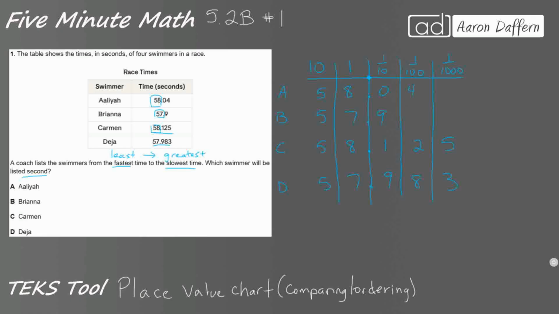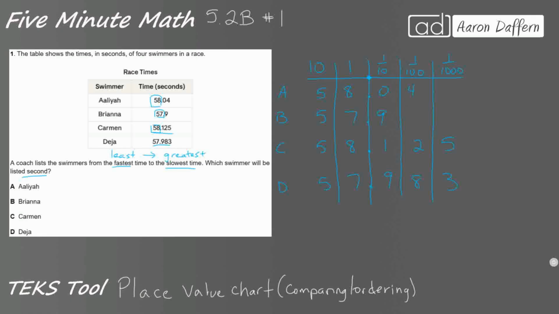So the first thing we want to do is fill in the blanks. When you're dealing with decimals, it becomes extremely confusing if you've got, like, look at B, Brianna, and A, Aaliyah. They don't go to the thousandths place. Let's take Brianna for example. 9 seems a whole lot less than Carmen's 125, because 9 is less than 125, but place value matters.